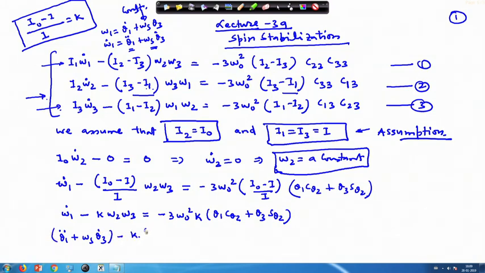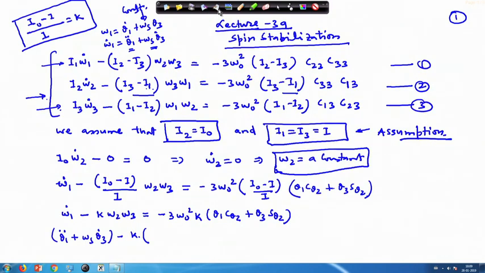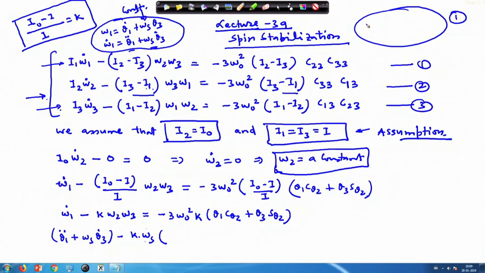Minus k, and omega 2 omega 3 we need to insert. Omega 2, looking back, is omega s. And omega 3 we need to insert. So, this is your omega 1 term, and on this side I will write the omega 3 term, so that we can use it here.